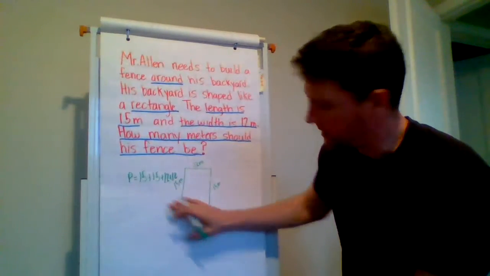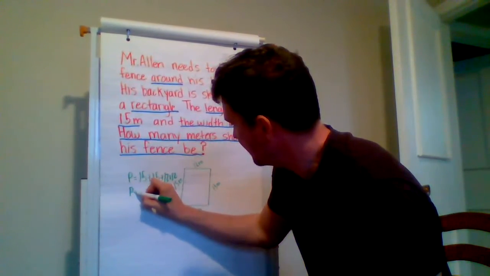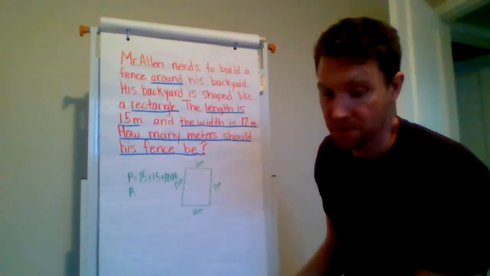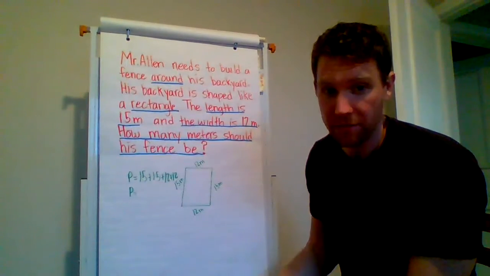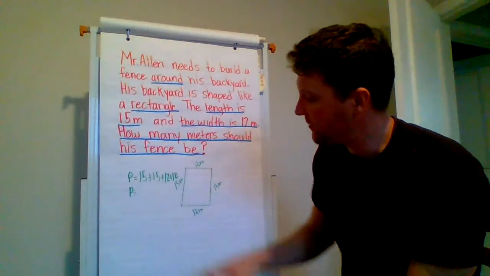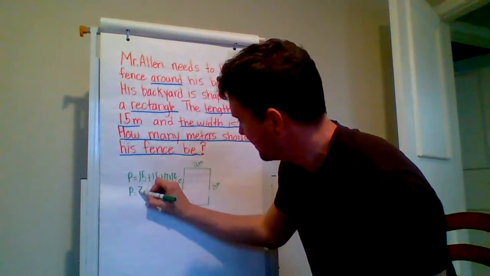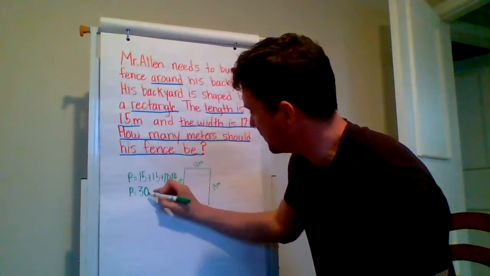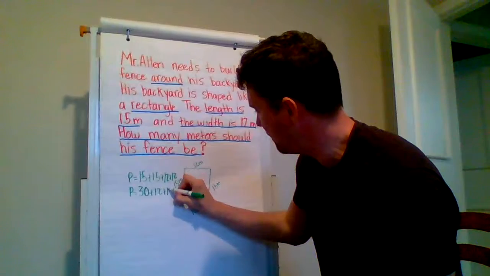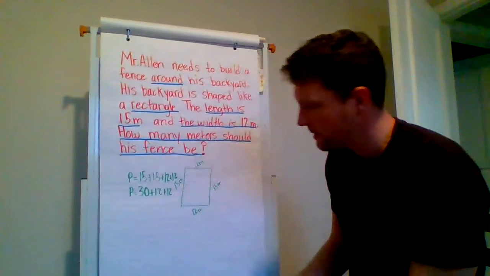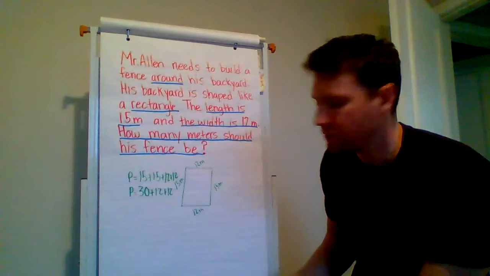Okay, so I got to do some adding now. Perimeter equals, I'm going to start with my first two numbers. Our doubles are really important when adding perimeter because they come up a lot. 15 plus 15, that's 30. So now I know my perimeter is equal to 30 plus 12 plus 12. 12 plus 12 is another double. 24.